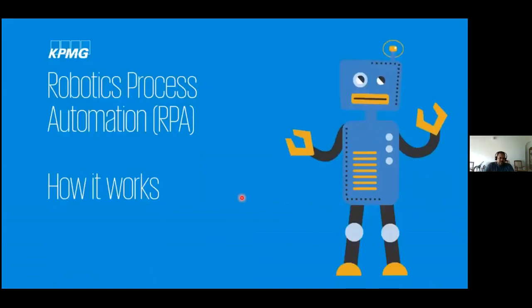I want to talk a little bit about robotics process automation. When people hear this word, they think humans are going to get replaced by robots. That's not the concept. The whole concept is using automation processes to do very basic tasks which take a long time for a human to do, or using intelligent systems to do some very critical tasks.